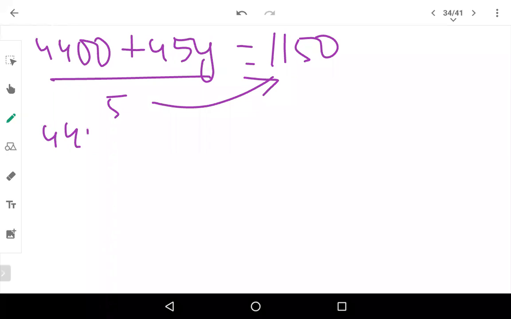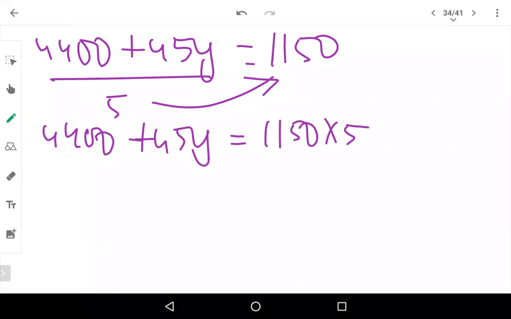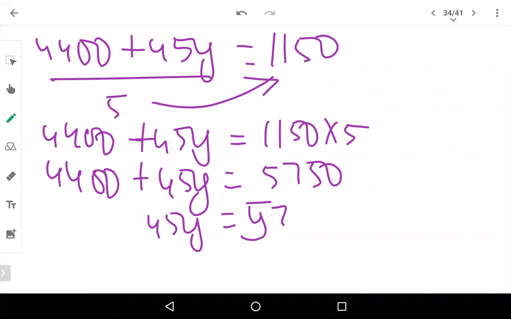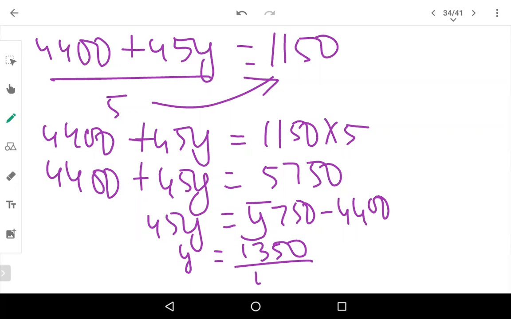So 4400 plus 45y is equal to 1150 into 5. y is equal to 1350 by 45.